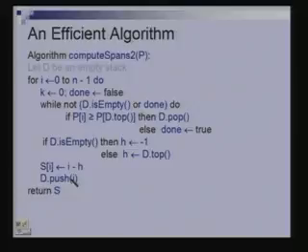How many elements do we ever push on the stack? Each element is pushed once. So, in all we are pushing at most n elements on the stack, if there are n elements to begin with. Every time this loop is executed, we pop off one element from the stack.